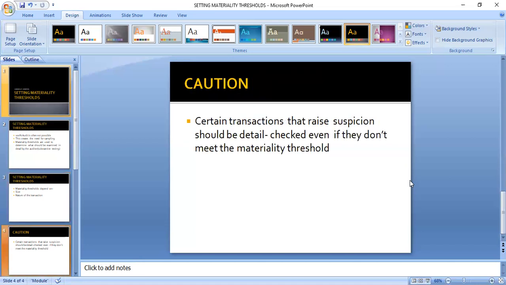As a word of caution, certain transactions that raise suspicion should be checked in detail, even if they don't meet the materiality threshold. Because, like I used to say in fraud classes, every fraud has a signal, and a lot of times when you discover a fraud, that fraud is a pointer that other frauds have been occurring. So you don't just discover a fraud, say this fraud is minimal, and ignore it.